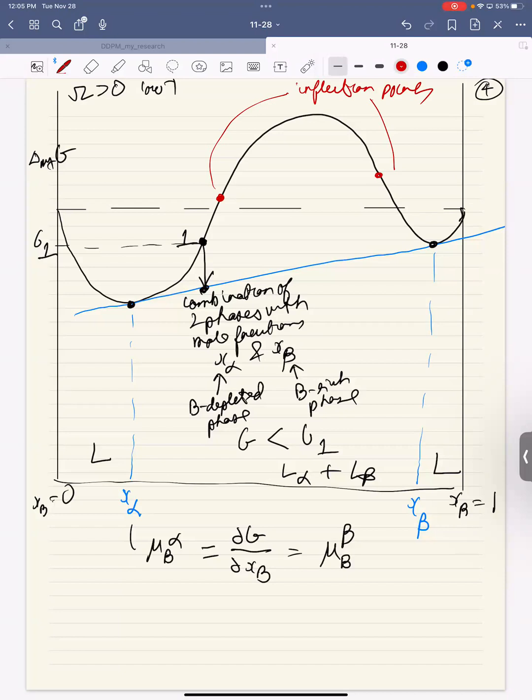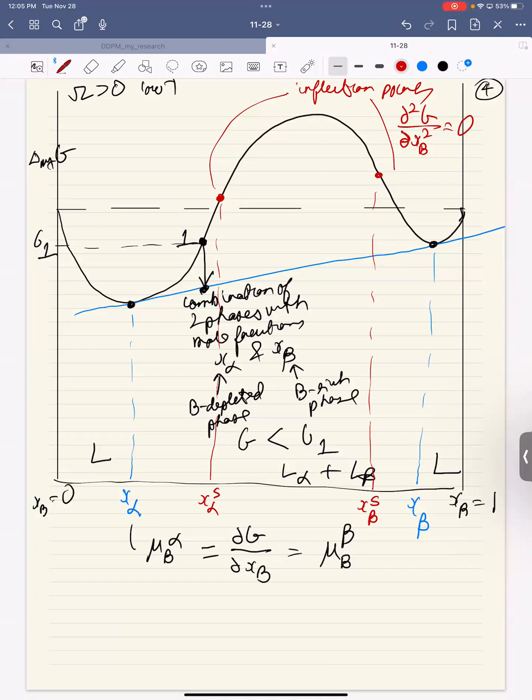Same thing over here. So these two points are points where the double derivative of G with respect to B is equal to 0. And let me draw lines below these ones. Let's call these X alpha S and X beta S.